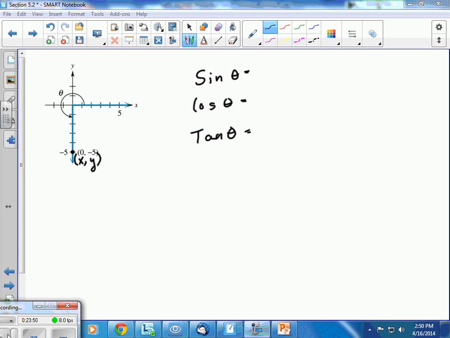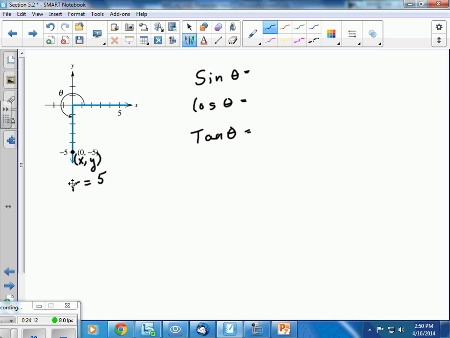So in this case, it's quite special because x is 0, y is negative 5, but r is also going to be 5. It is the length of the radius at that point. So r will also be 5.